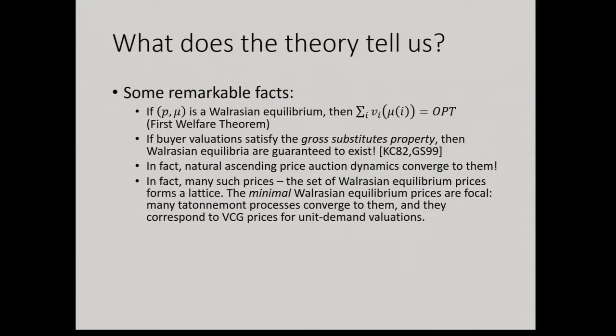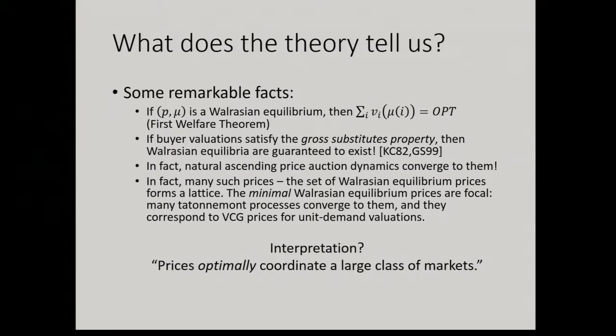But when I talk about them now, I'm going to focus on the minimal Walrasian equilibrium prices. And these are focal for a number of reasons, both because ascending price auction dynamics tend to converge to the minimal Walrasian equilibrium prices, and because, say, for unit demand buyers, these correspond to VCG prices. Okay.